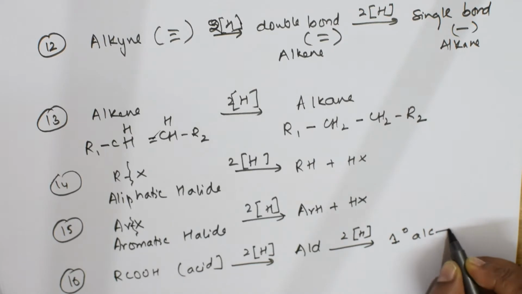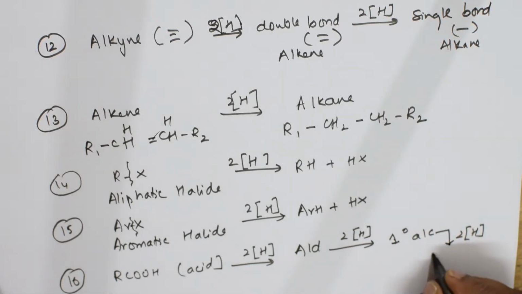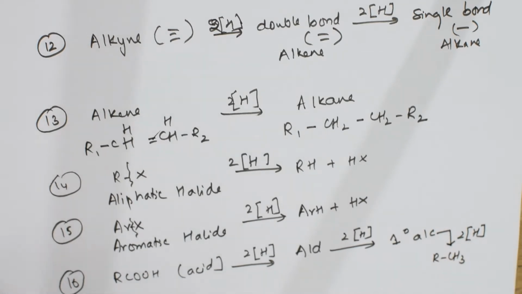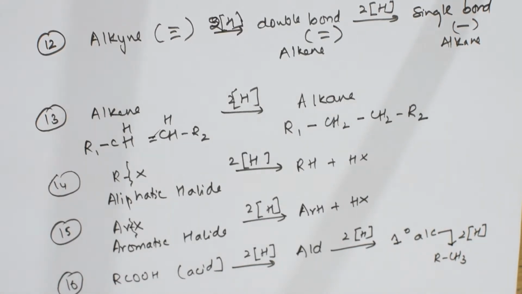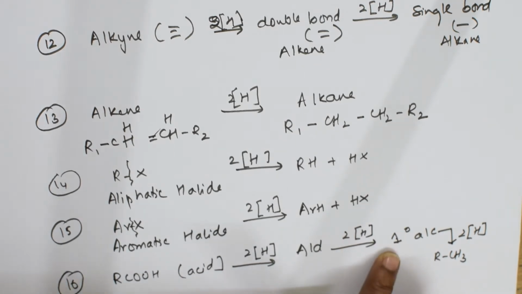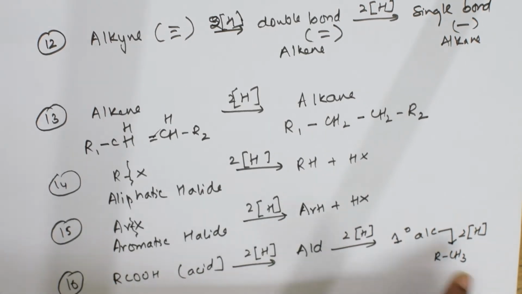Primary alcohols on further reduction are going to get converted into RCH3, right? And we said alcohols on the first page only, isn't it? What did we say? Alcohols on reduction give alkanes. So aldehydes on reduction give alcohols, alcohols on further reduction give me alkanes, right?